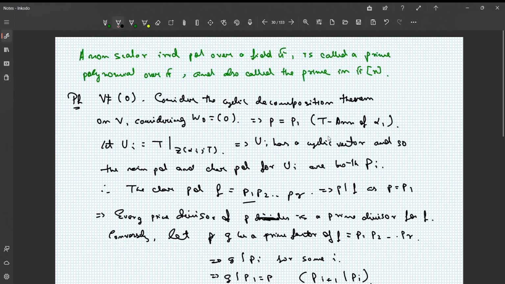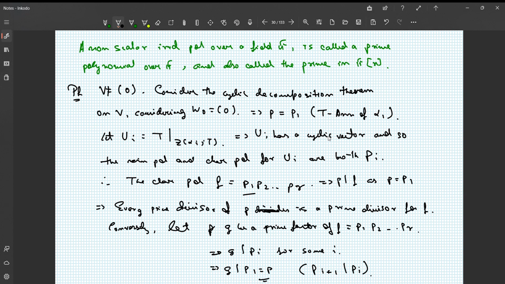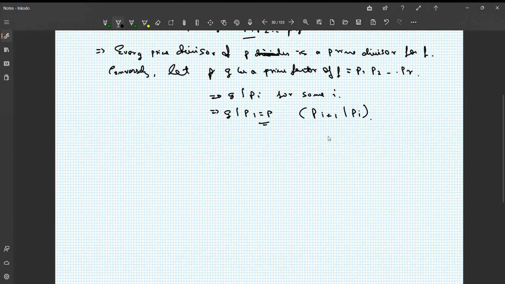Okay, so the last part of the statement is coming from the primary decomposition theorem precisely. So let the prime factorization for P be as given.